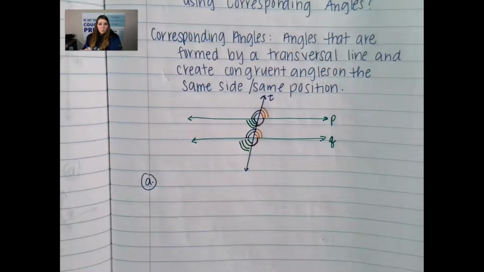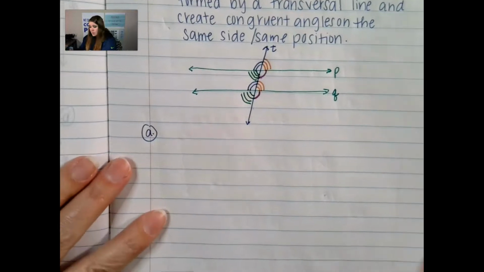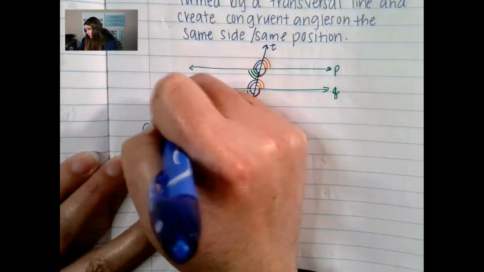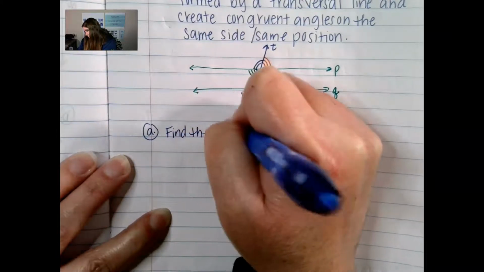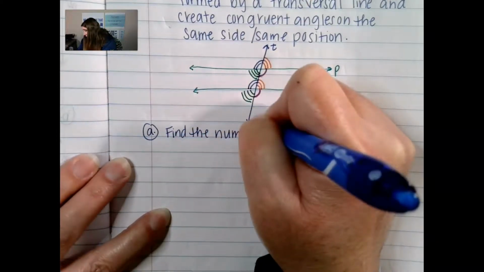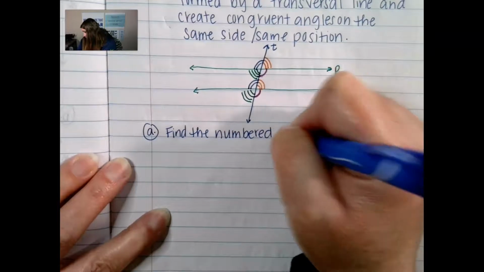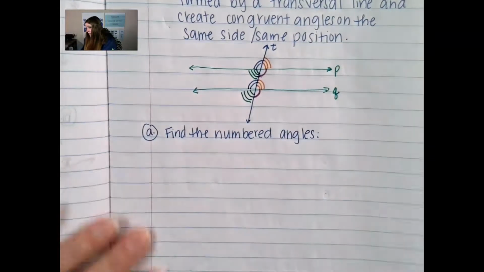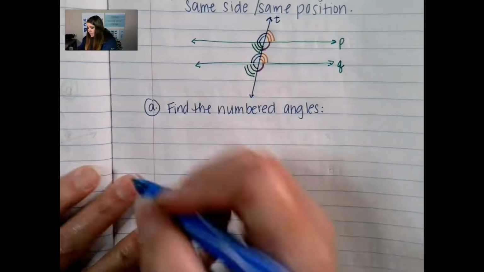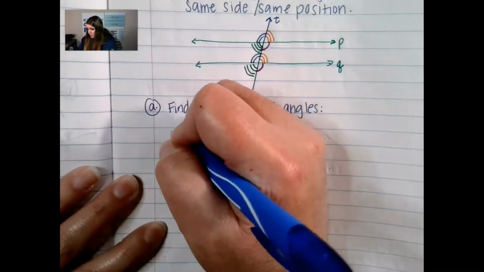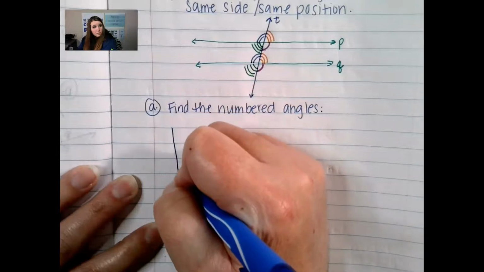So we are going to have lots of numbered angles. That is our job, to find the numbered angles. And our drawing looks like this. It goes straight up and down.